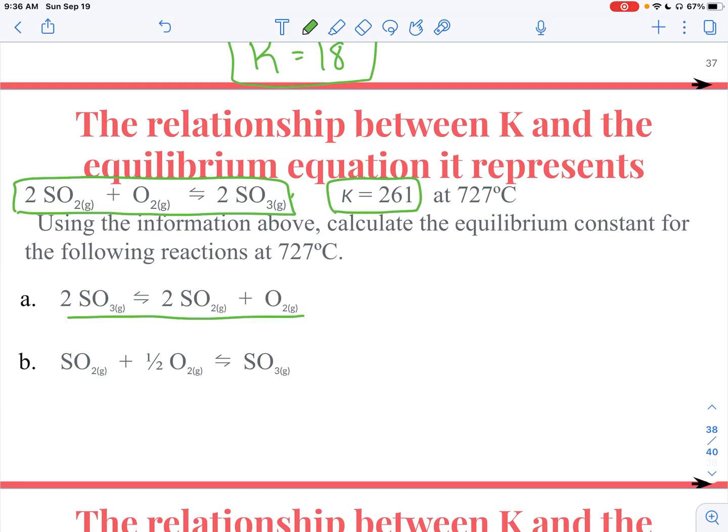We have 2SO3 gives us SO2 plus O2. So if the reaction is flipped, K is 1 over 261. So that comes out to this. So that's our K value.